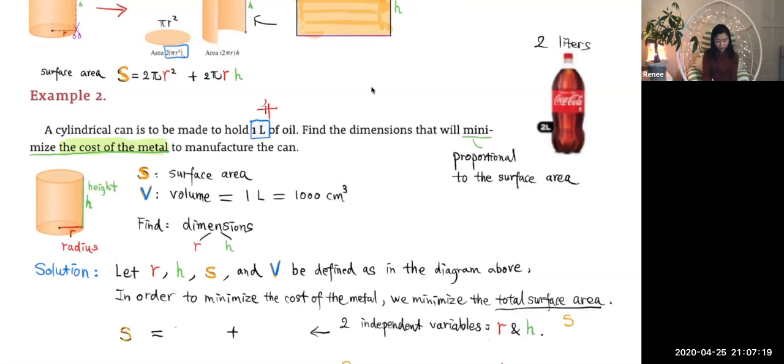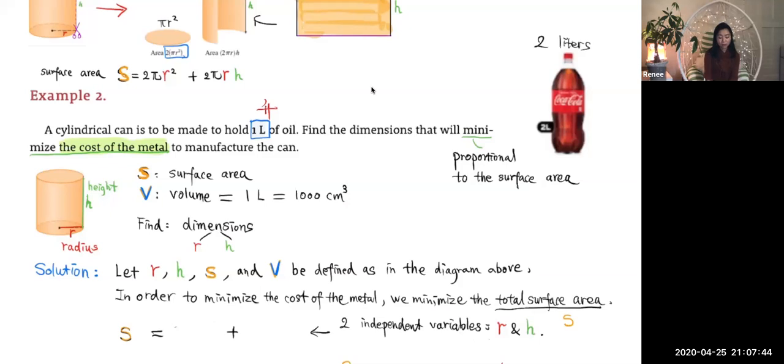So that cylindrical can is to be made to hold 1 liter of oil, about half the soda bottle right here. We try to find the dimensions that will minimize the cost of the metal to manufacture the can.